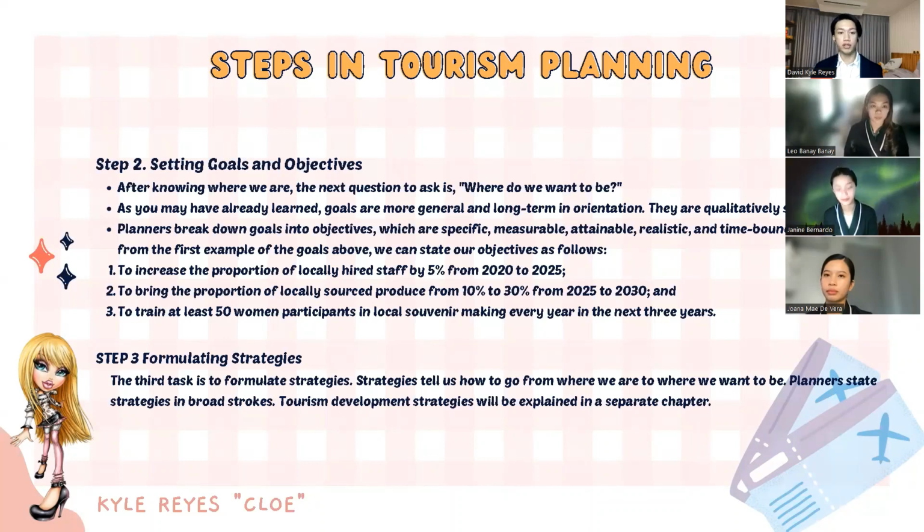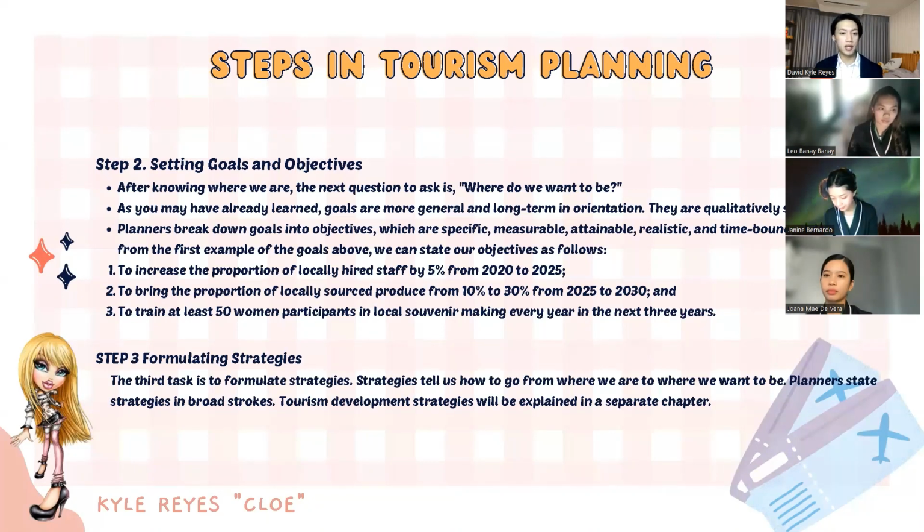As you may have already learned, goals are more general and have a long-term orientation. They are qualitatively stated. So examples of goals are to increase women participation in the tourism industry, to provide sustainable livelihood opportunities to the population, or to become the leading agritourism destination in Eastern Visayas.